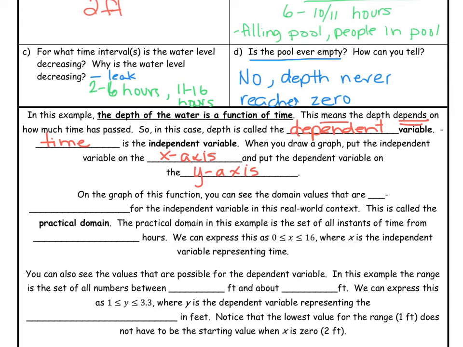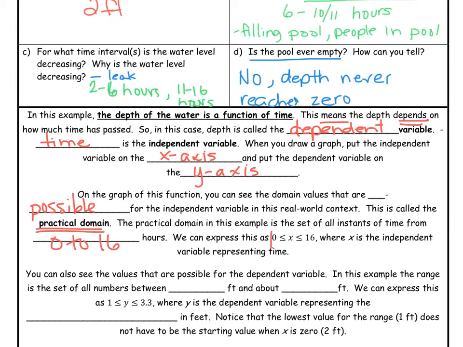On the graph of this function, you can see the domain values that are possible. And this is something that's called the practical domain. The practical domain just means what numbers make sense in this situation. So it wouldn't make sense to have x values or time that is negative. So practical domain is the set of all instances of time from 0 to 16 hours.